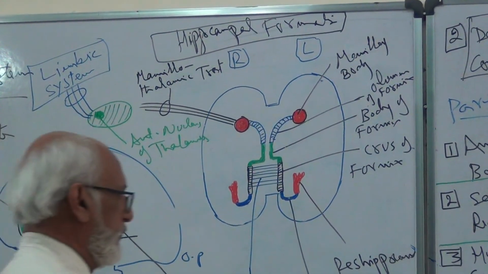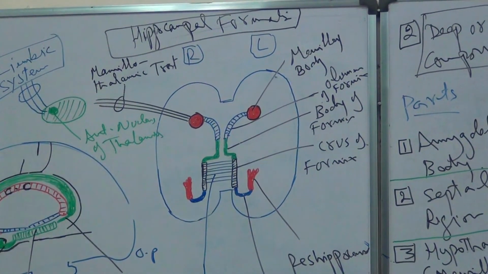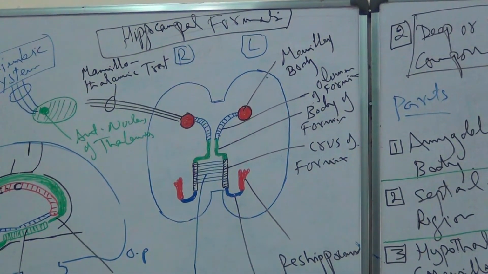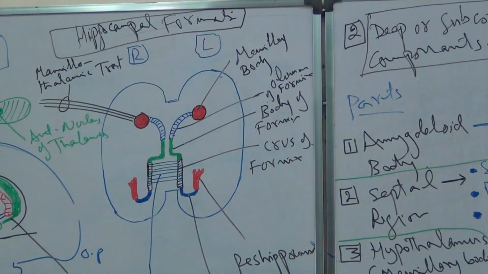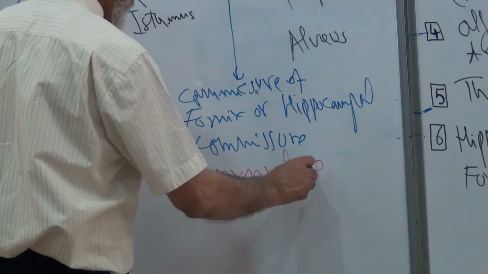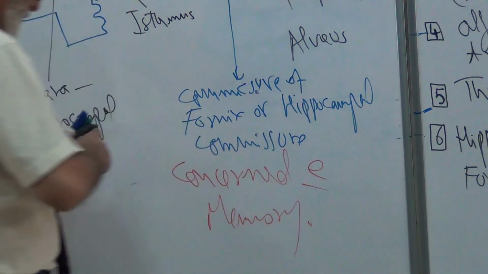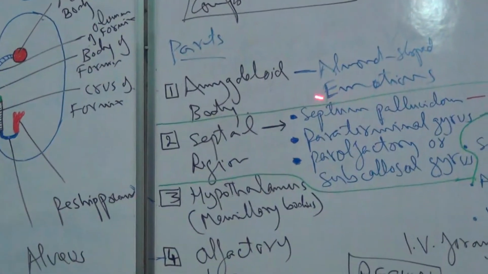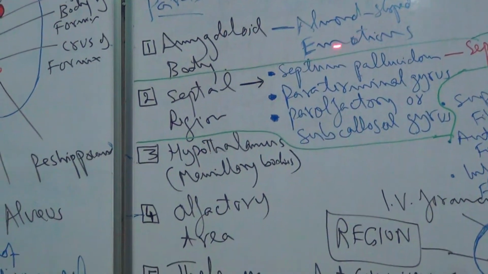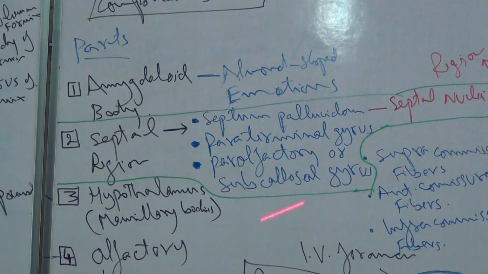Now, what is the role of the hippocampal formation? It is concerned with memory. So just briefly, the amygdaloid is concerned with emotions, and the septal region is in the pathway of connections.